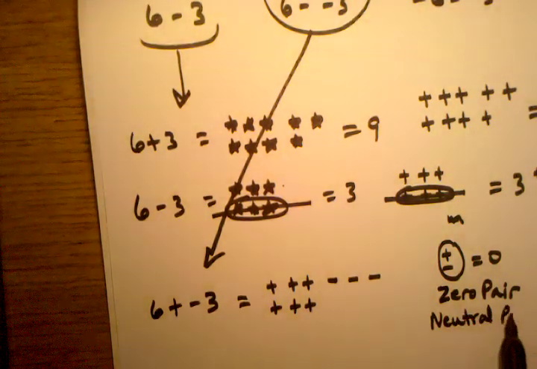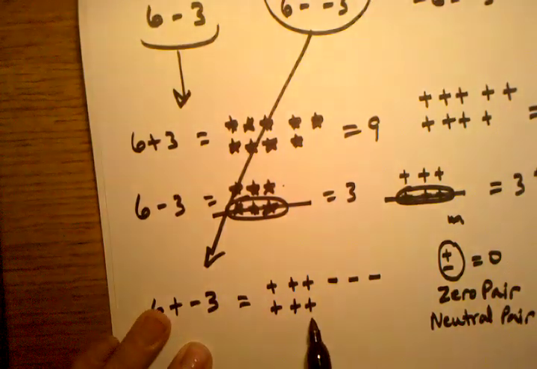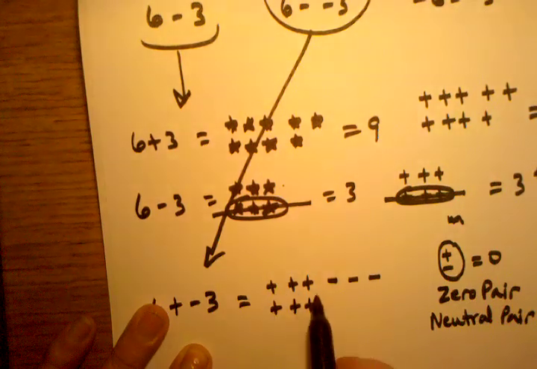You can call it a neutral pair because they're creating a neutral number, which is kind of how you can think about 0, and they're not going to impact the value. They're basically creating a 0 that you're adding to the pile. So let's talk about what that means. We have 3 negative signs here, and we have 6 positive signs.